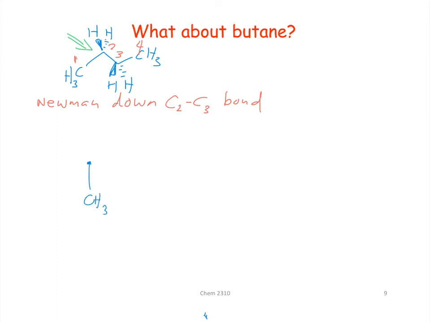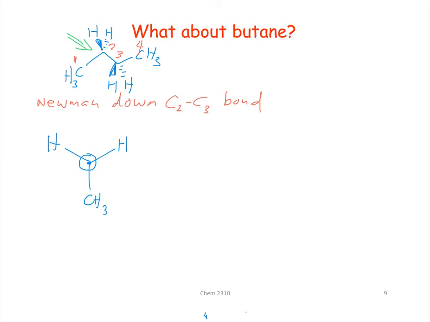Right, and each one of these, because it's tetrahedral, is going to look like a triangle as we look down it. So the other two bonds, which go to hydrogens, one's going to go up this way, one's going to go this way. Then the carbon in the back, we draw it as a circle. I'm just going to do it all in one color this time, because it's probably how you're going to do it later.